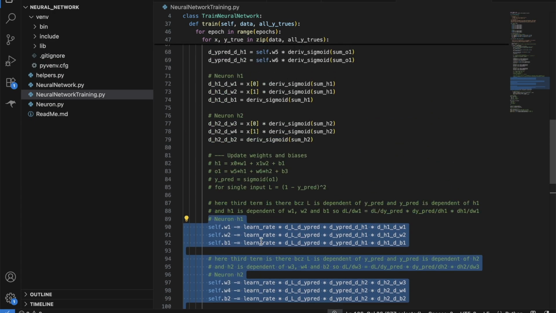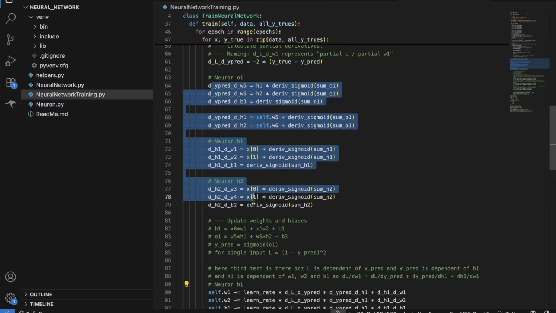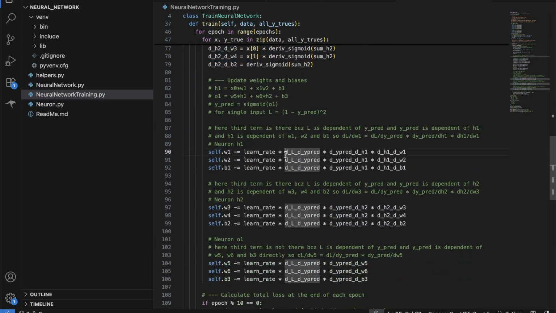All these things are here. Now we will just multiply these three with our learning rate and subtract it from our weight 1. Similarly, we do for weight 2, bias 1, weight 3, weight 4 and bias 2.